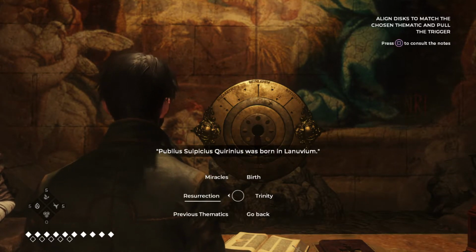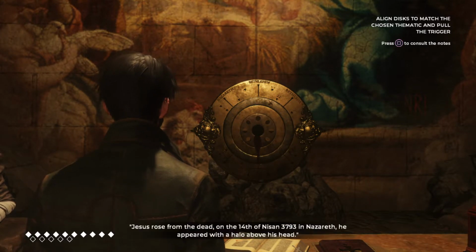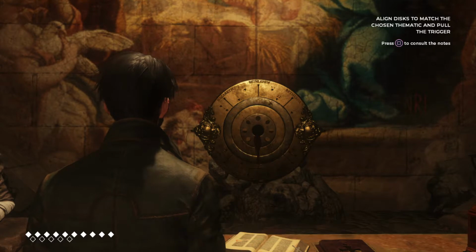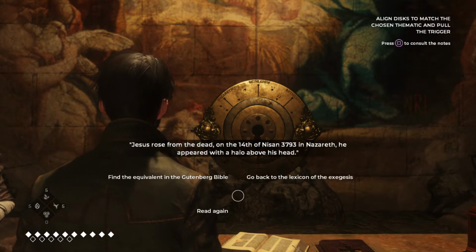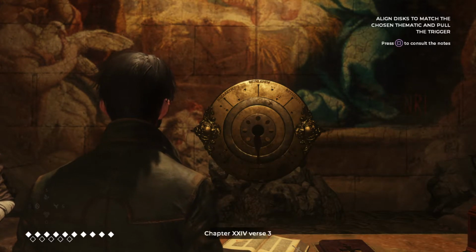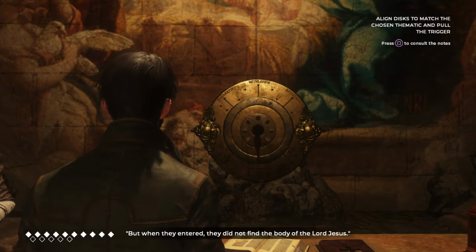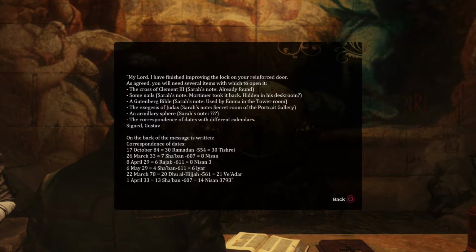Oh, resurrection. Hang on a minute. Chapter 24, verse 3. Jesus rose from the dead on the 14th of Nisan, 3793, in Nazareth. He appeared with a halo above his head. Chapter 24, verse 3. But when they entered, they did not find the body of the Lord Jesus.